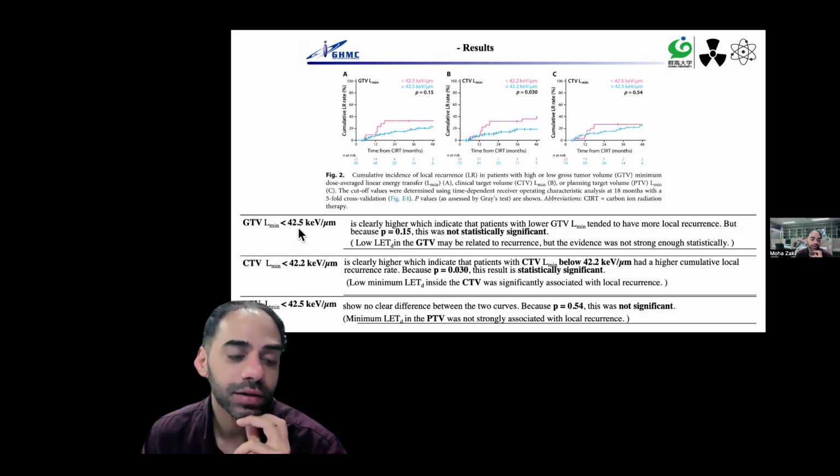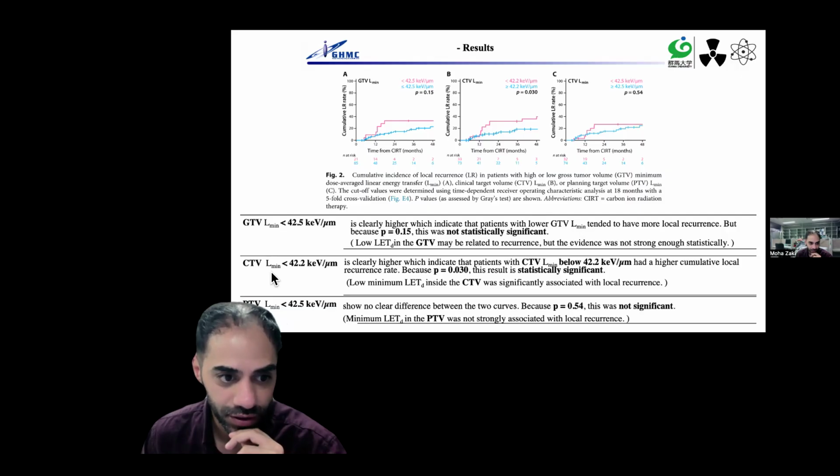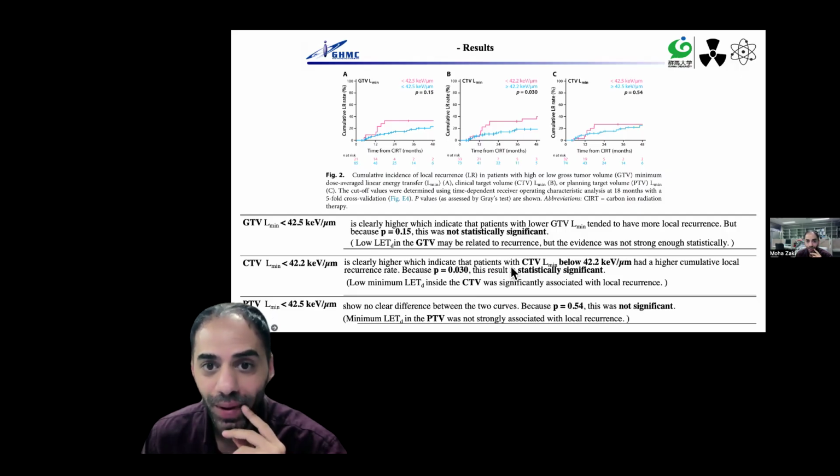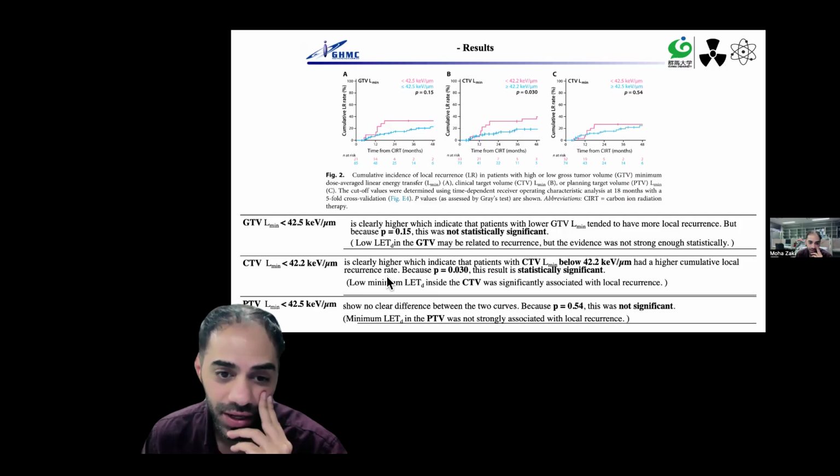For the CTV, with low minimum dose average LET less than 42.2 keV per micrometer, we can see that the pink line is clearly higher, which indicates that patients with CTV minimum below 42.2 keV per micrometer had a higher cumulative local recurrence rate.